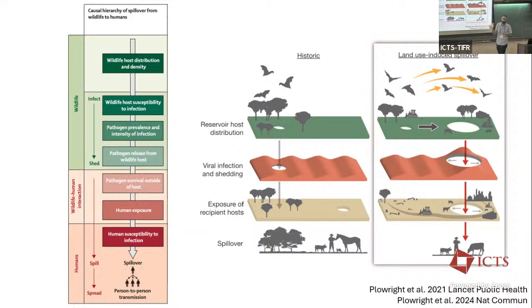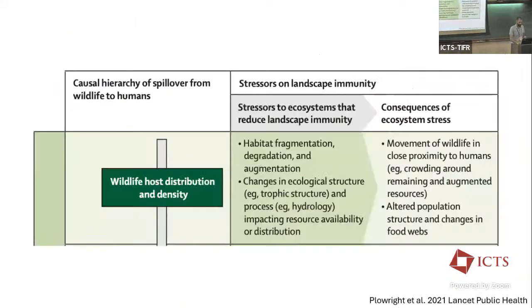And then humans may also be placing things in the environment, right, that are vectors for spillover or are opportunities for spillover. And so we can think of stress happening on multiple scales here in this cascade, right?